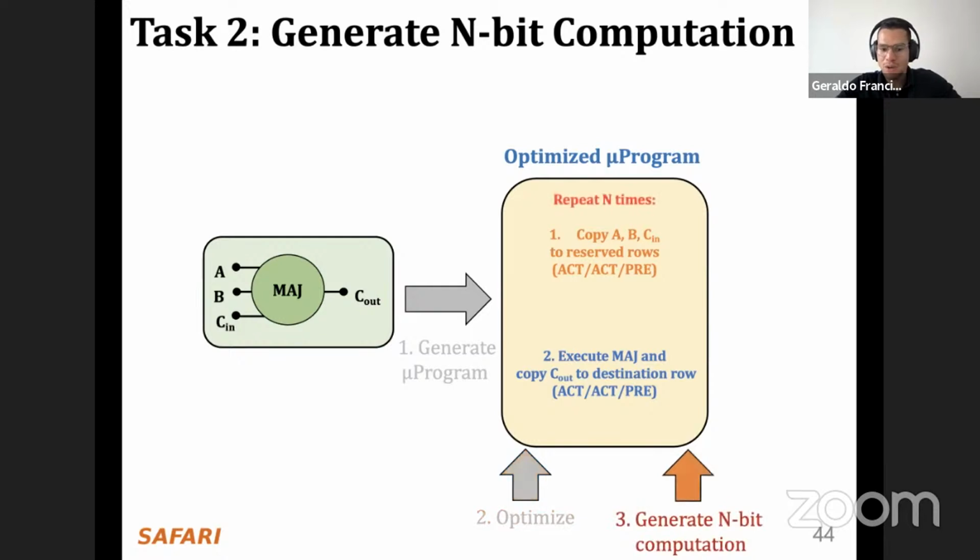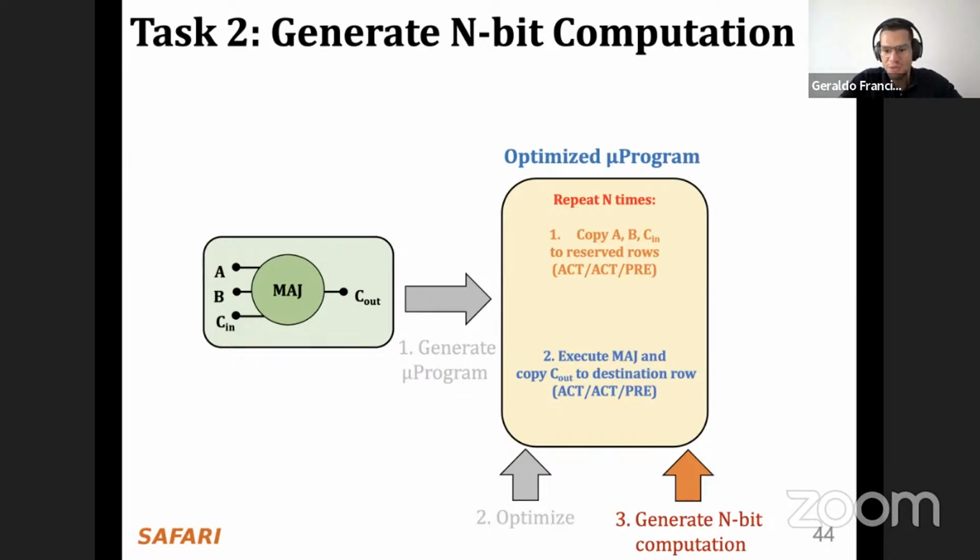operations. So basically what we're going to do is generate the n-bit version of this microprogram by introducing some control microprograms inside the microprogram itself. And these control micro-operations are going to be executed by the control units that I'm going to show next.